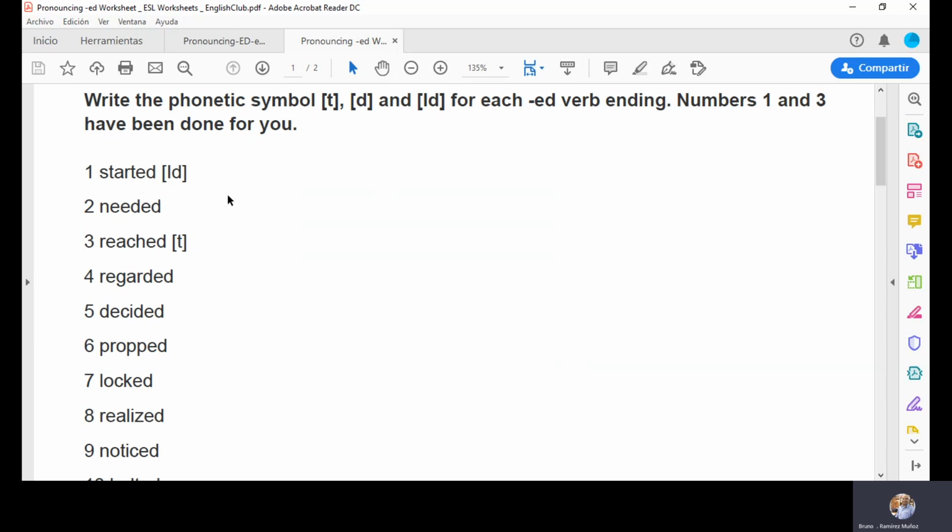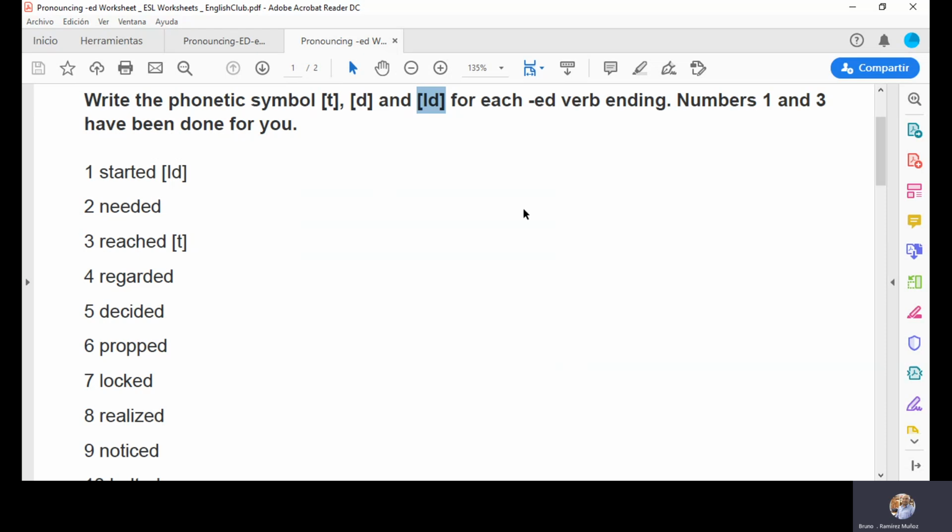If you remember, t is used for a voiceless ending, d is used for a voiced ending, and id is used when a verb ends in a plosive sound like t and d.